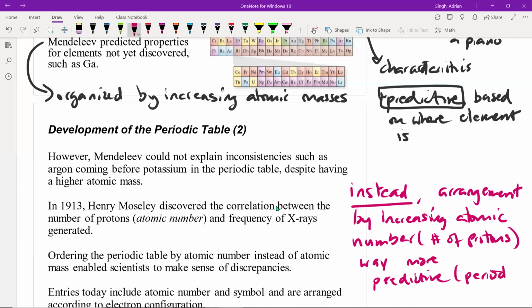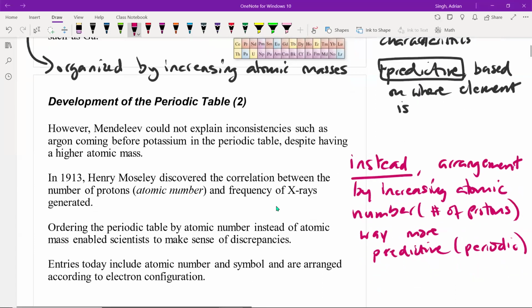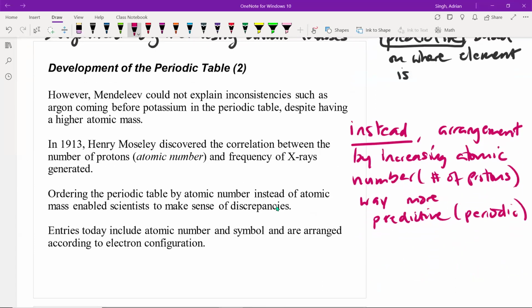In other words, there weren't those discrepancies that Mendeleev had observed early on when he arranged them by increasing atomic mass. So up to today, the elements on the periodic table are arranged by order of increasing atomic number, which is, again, just the number of protons in the elements.